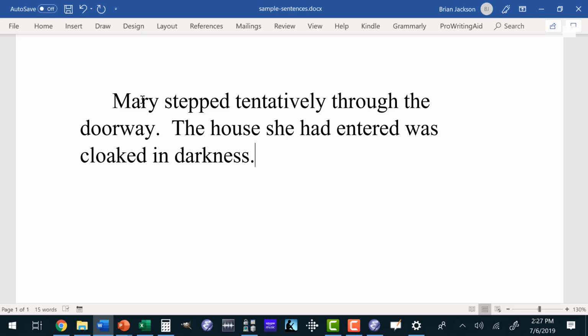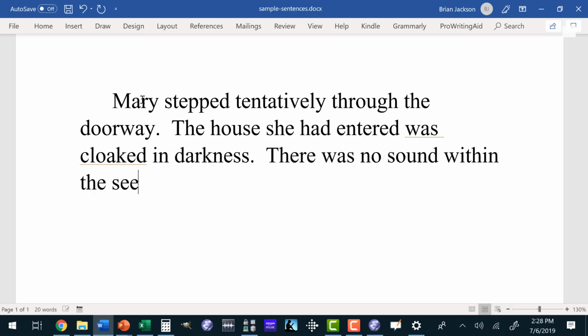So let's keep on writing sentences here. These are all written in a paragraph because all the sentences are related, and we're about to talk about paragraphs in the next lecture. There was no sound within the seemingly abandoned structure.